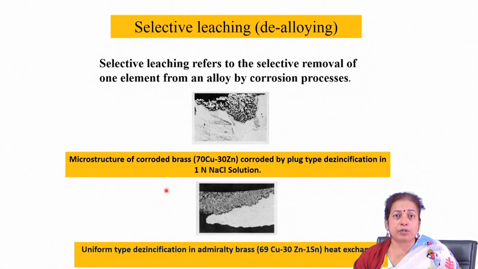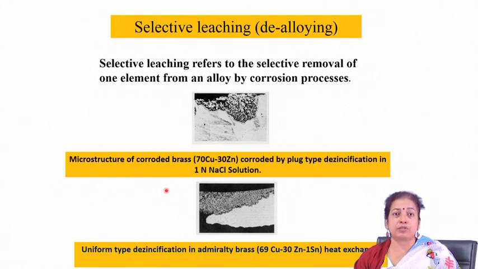So, another kind of corrosion which again depends on the microstructure and also composition is selective leaching. Again this kind of corrosion is observed in alloy systems where there is a wide difference in the electrochemical leaching or corrosion behavior. Particularly this is observed in different types of brass, where copper and zinc are present.